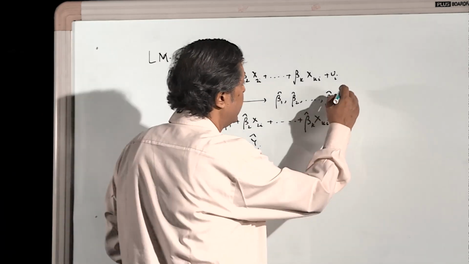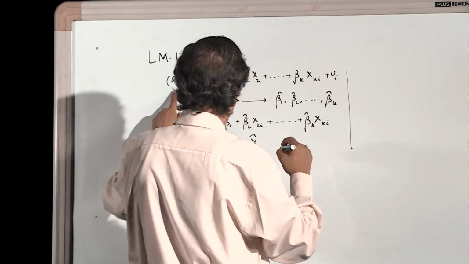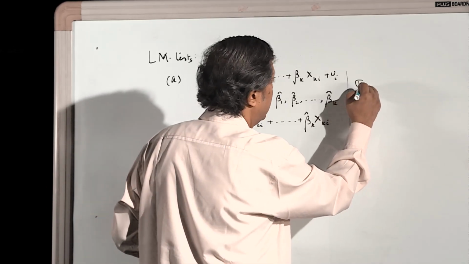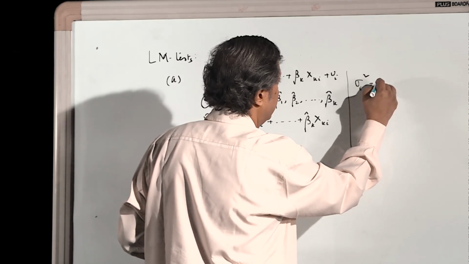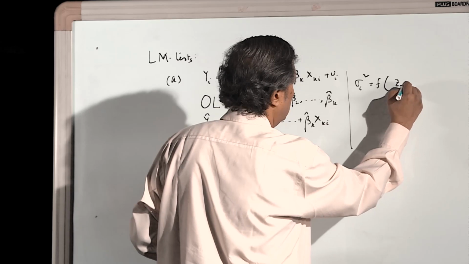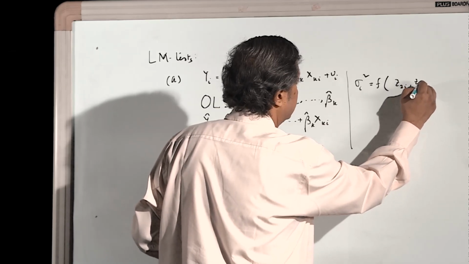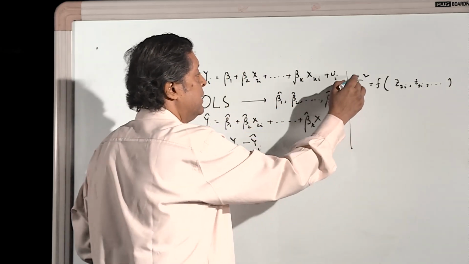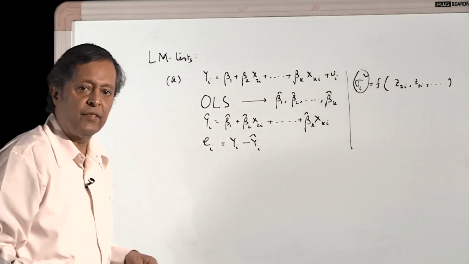Now, you will have noted that for form A, sigma i square is some function of Z2i, Z3i, so on and so forth. But sigma i square is not observable.